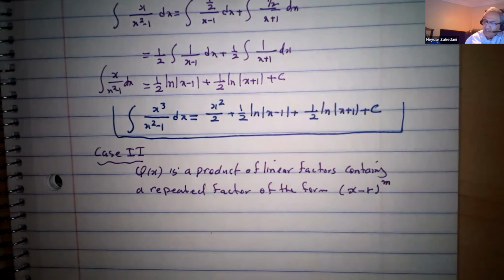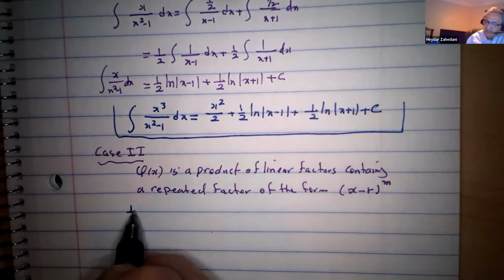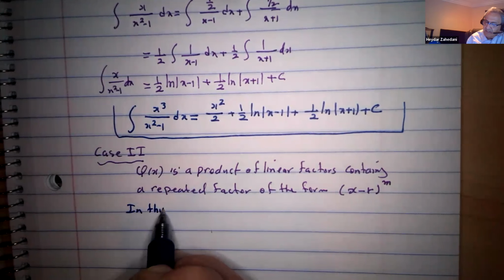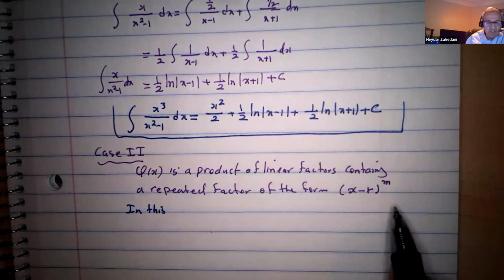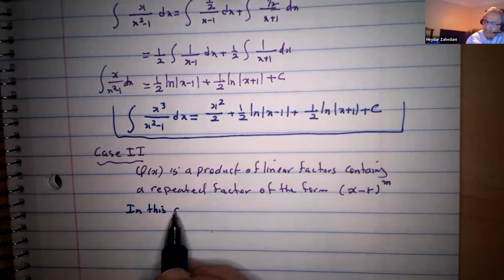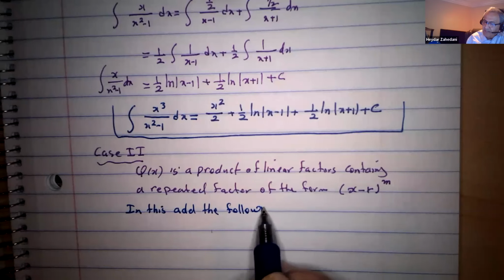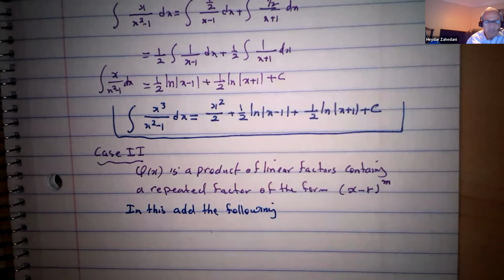If this is going to be the case, what we're going to do is add the following. All the other ones would be as we did, but let me get to this one.